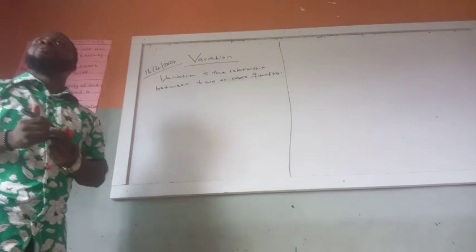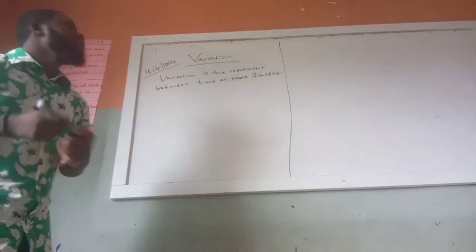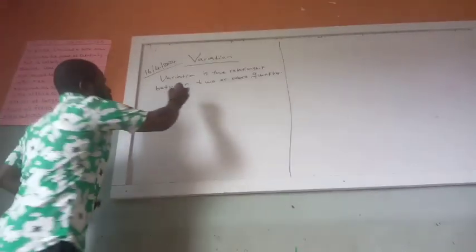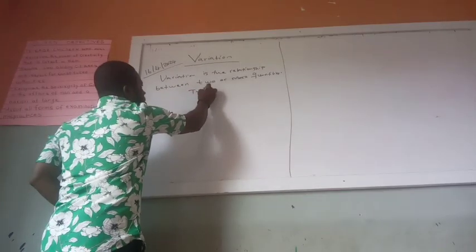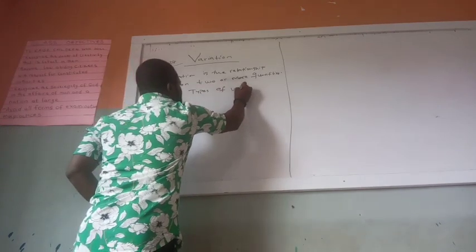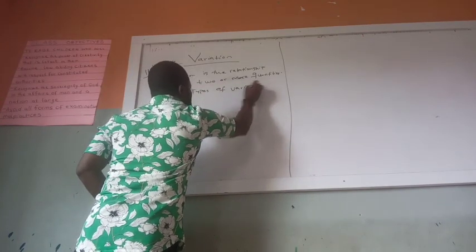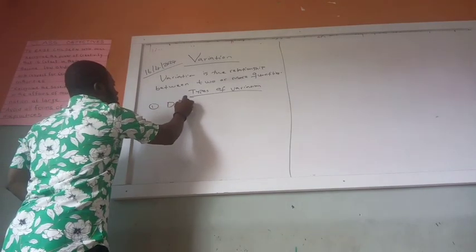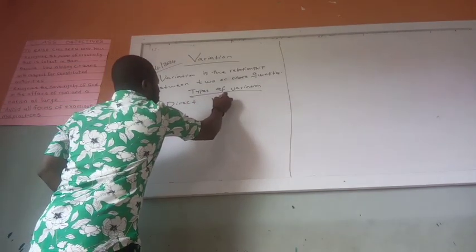So the next question you must ask yourself is, what are the various types of variation that we have? So that will take us to types of variation. The first one is what we call direct variation.